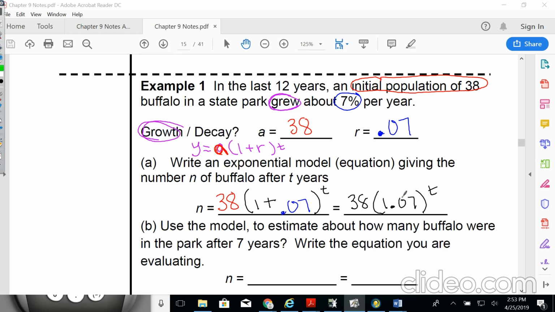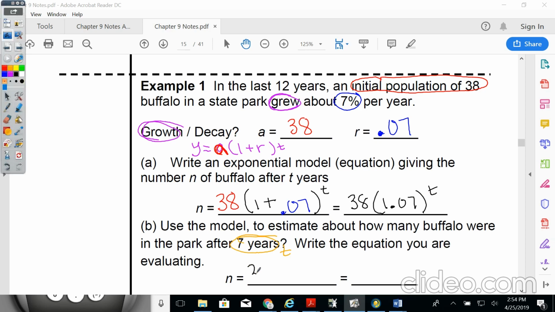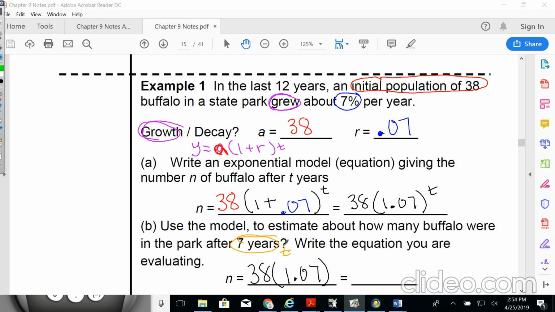Now for B and C, we're actually going to use the model to answer some questions. So for part B, we want to use this equation to estimate how many buffalo were in the state park after 7 years. 7 is giving us time, so we're going to plug in 7 for the exponent. So 38 times 1.07 to the 7th power.